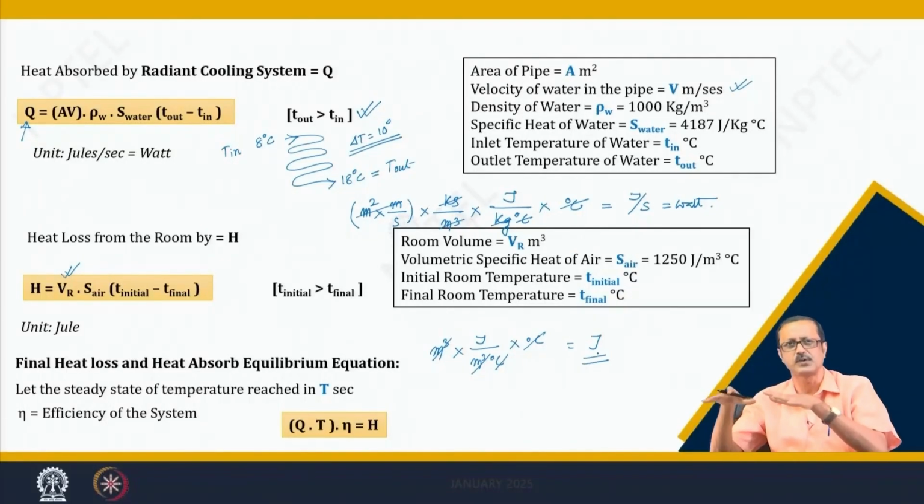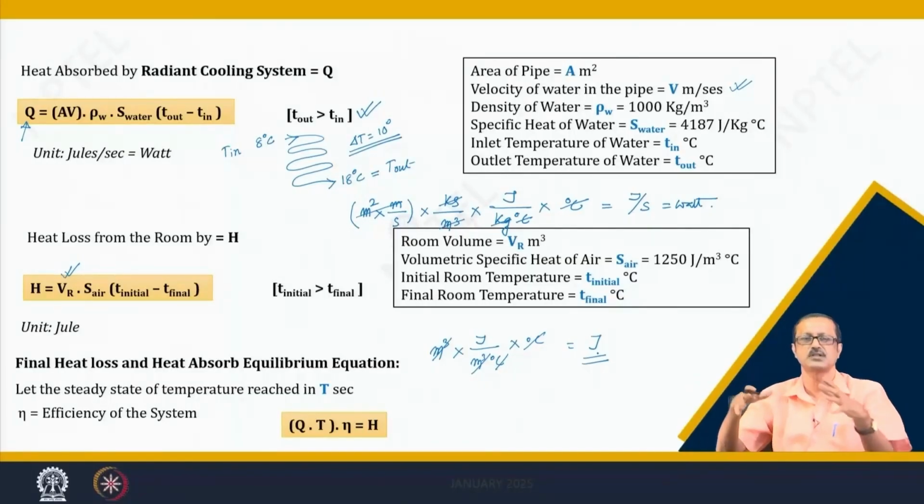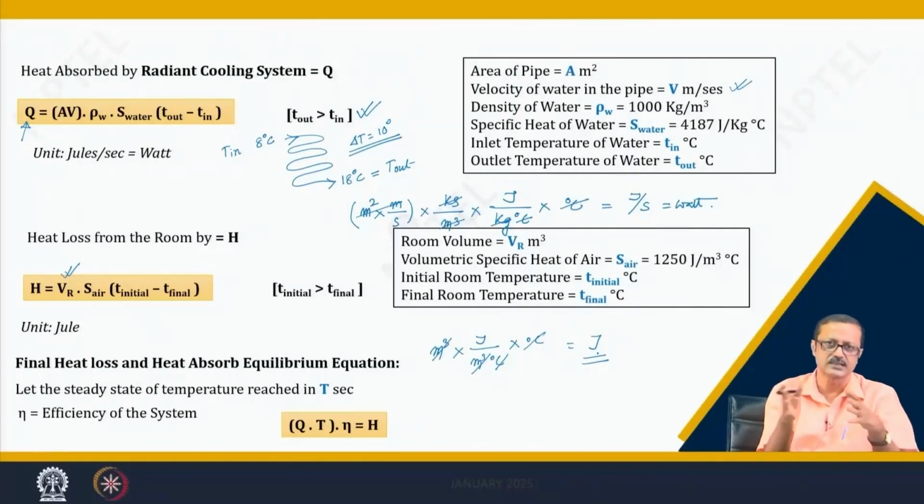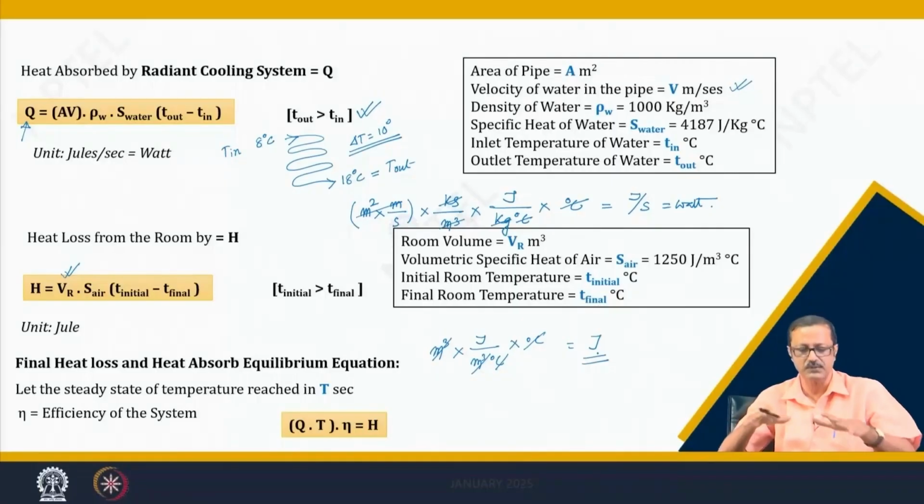Thereafter there will be no change, unless there is a change in some temperature. If you change the temperature of the inlet water, things will definitely change, but otherwise it will remain constant.